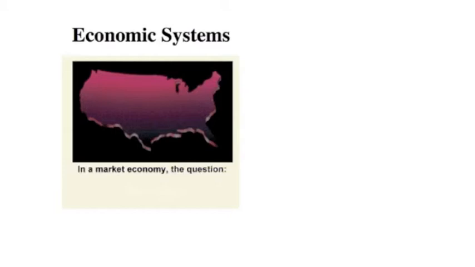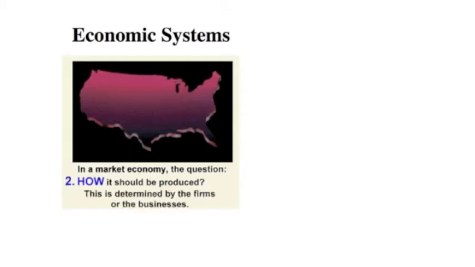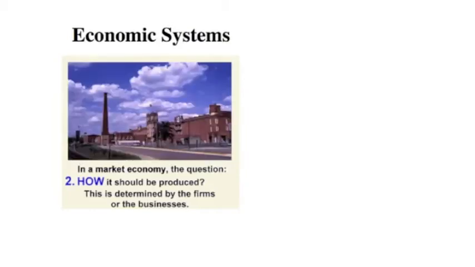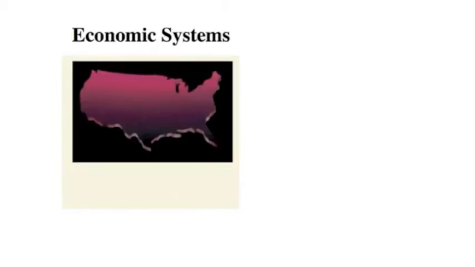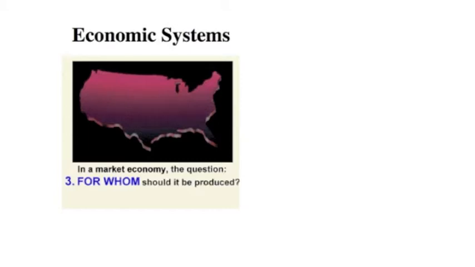In a market economy, the question, how should it be produced, is determined by the firms or the businesses. In a market economy, the question, for whom should it be produced, is determined through the interaction of suppliers and demanders.